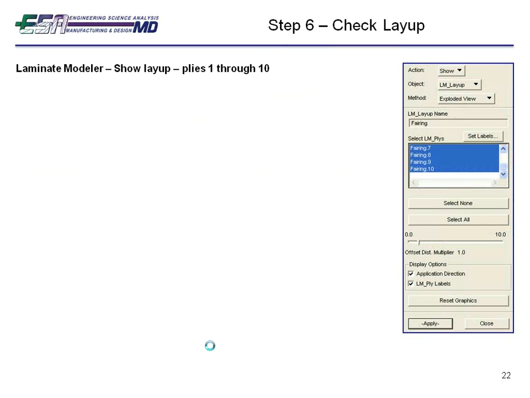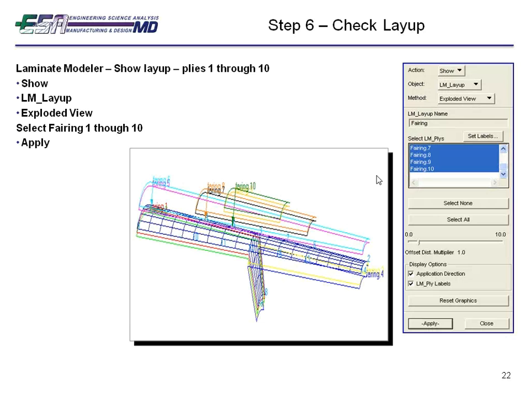To show the layup, action will be show, object will be laminate layup, and method will be exploded view. We're going to select layups 1 through 10, push apply, and it will provide you with a visual representation of what you just did, your laminate layup.